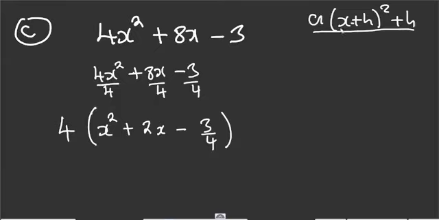So what are you going to do here? You are going to apply what you have been doing in the previous examples. So I'm going to write 4, open brackets like this. You are going to take x squared plus 2x. Remember, the coefficient of x in the middle is 2, which will be divided by 2, then we square.